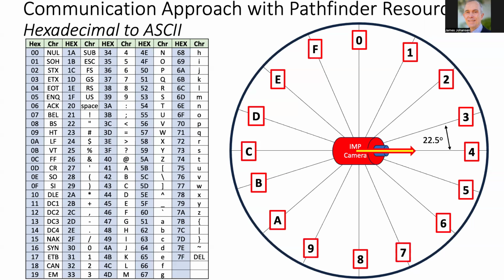The next two charts are going to be about communication. This gets into some electrical engineering and computer engineering types of things. There's something called an ASCII table. There are a couple other terms that are used, but I'm just going to use ASCII.